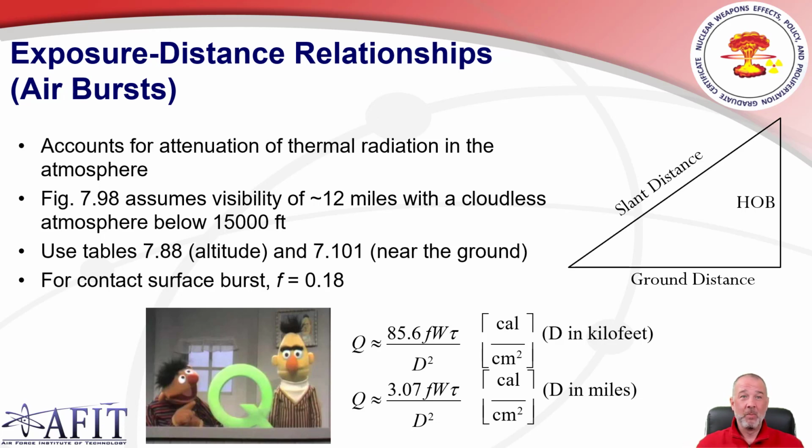It really is nothing more than that. And it's a pretty straightforward calculation if you have the height of burst and the distance away, to calculate what that slant range is, because that's the total distance that the thermal energy or thermal radiation has to travel to get to you.